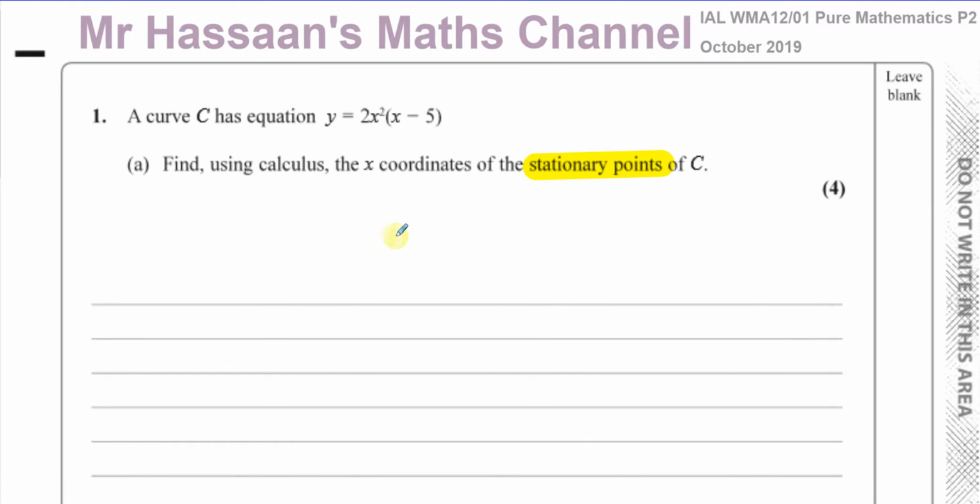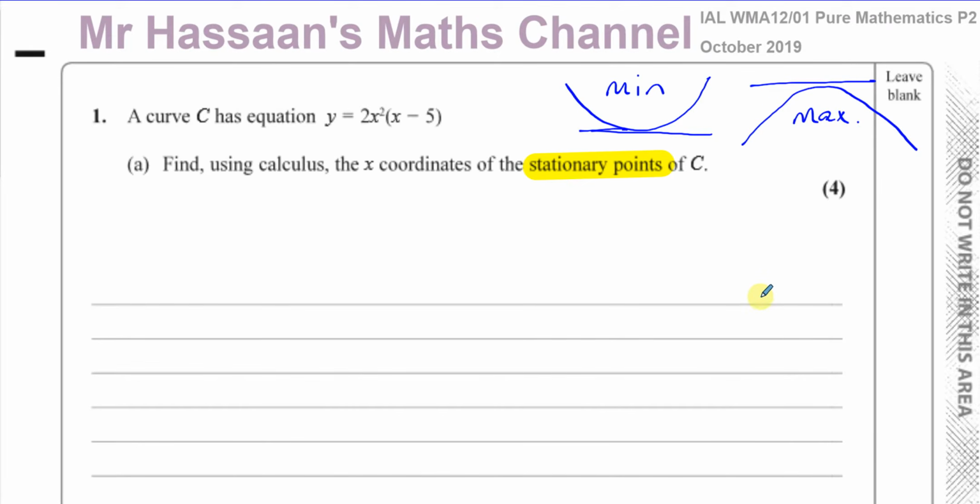So either it is a point like this, where it's going down, then stops decreasing and starts to increase, or it's increasing, reaches a maximum value, and then starts to decrease again. These two types of stationary points are called turning points. This one is a minimum turning point, and this one is a maximum turning point.